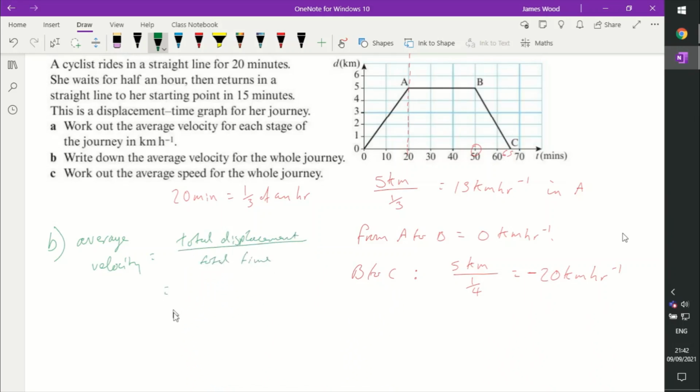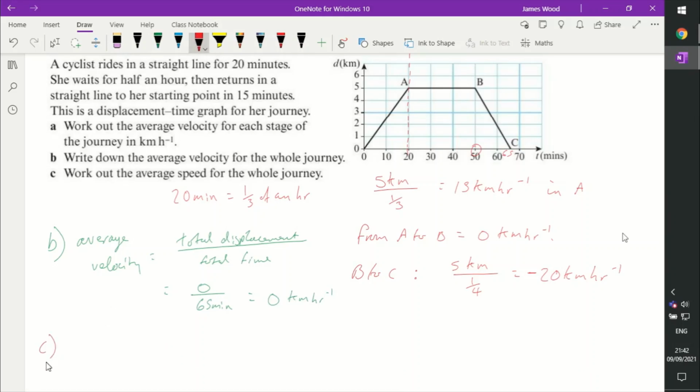Now the total displacement, well, we started at the beginning, we went out, and then we came back to the same point. So the total displacement is actually 0 over 65 minutes. Doesn't really matter what's on the bottom. I'm going to put 65 minutes, but the answer is going to be 0 for the average velocity, which seems slightly counterintuitive, doesn't it? But it's because we're talking about velocity rather than speed.